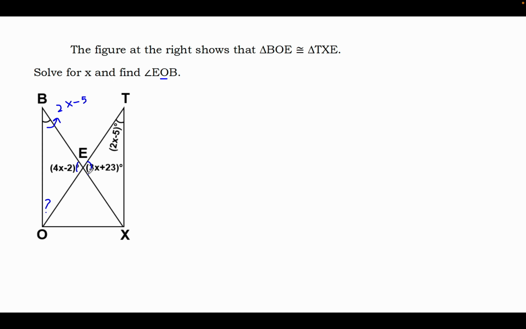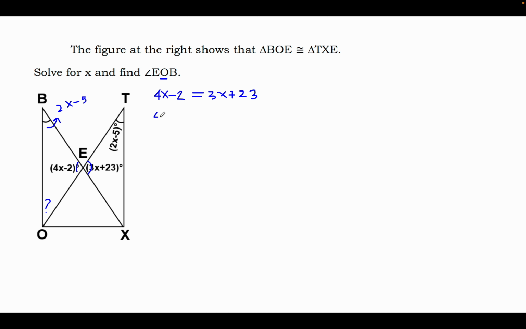When we say vertical angles, the angles are congruent or the same. So if that's the case, the angles are congruent. So we can equate 4x minus 2 is equal to 3x plus 23. Since pareho sila ng sukat, equal sila.